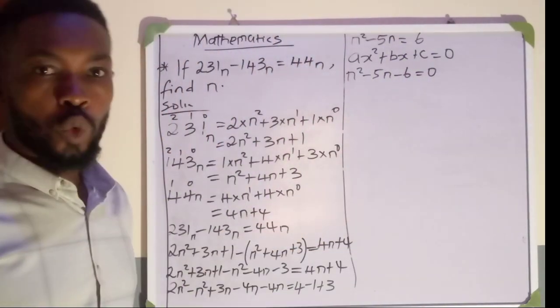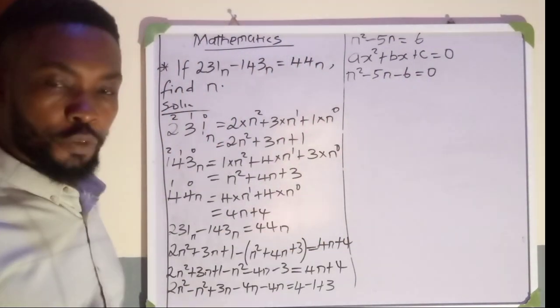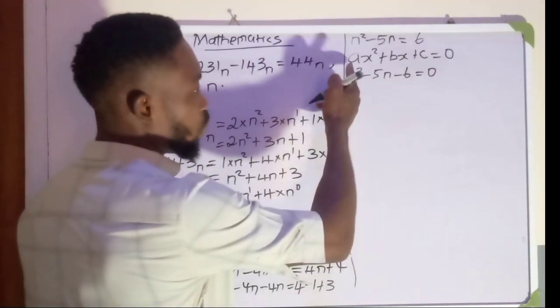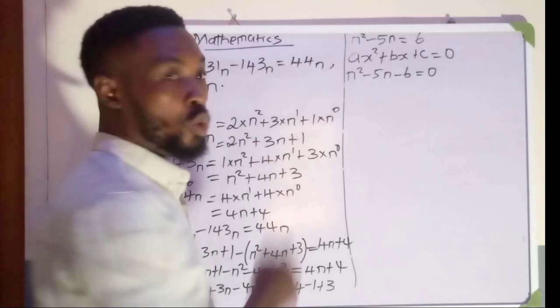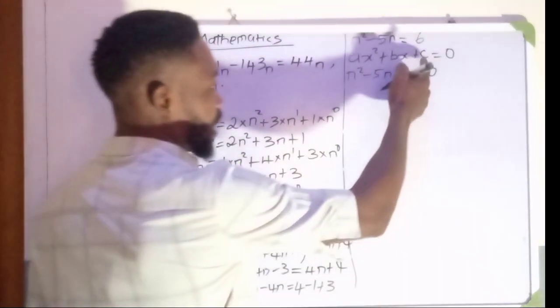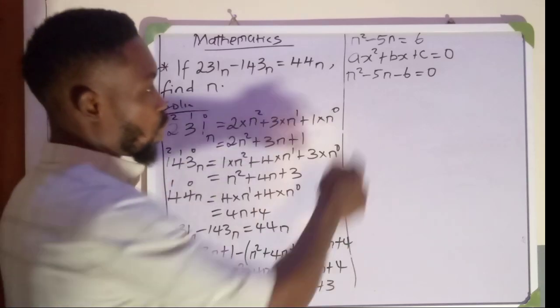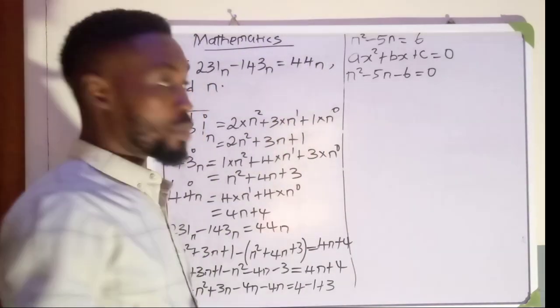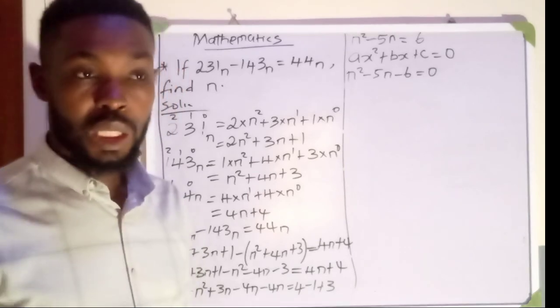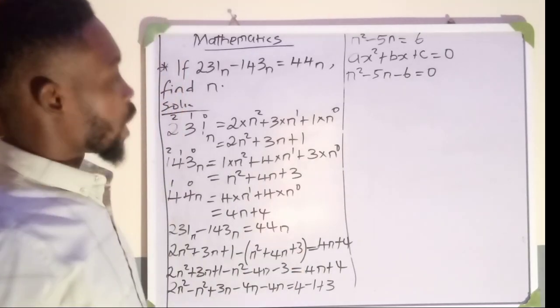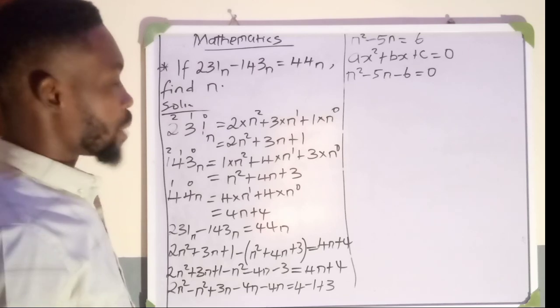So we solve it the normal way we solve a quadratic equation. Of course, you know, in a quadratic equation, this is a quadratic term, this is a linear term, and c there is a constant, or free term. So also in our own equation, n squared is a quadratic term, minus 5n is a linear term, and minus 6 is a constant, or you call it free term.